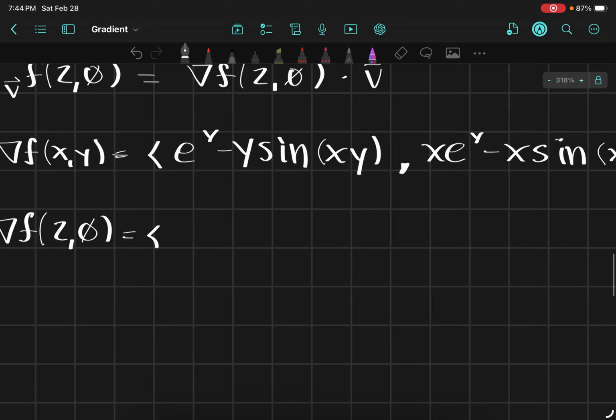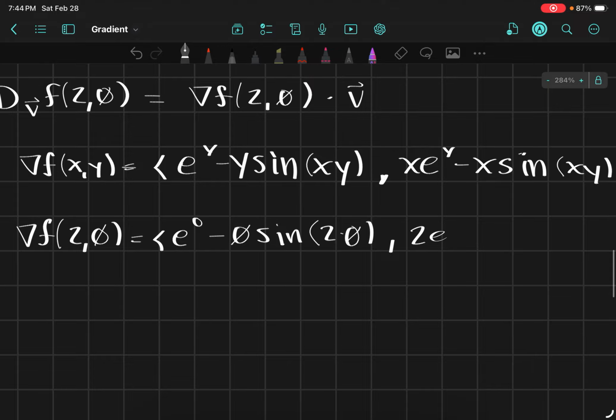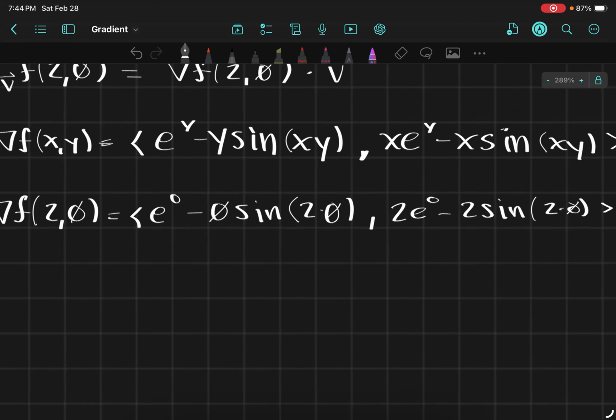E to the 0 minus 0 sine of 2 times 0, comma, 2 e to the 0 minus 2 sine of 2 times 0. That's our gradient at the point (2, 0).